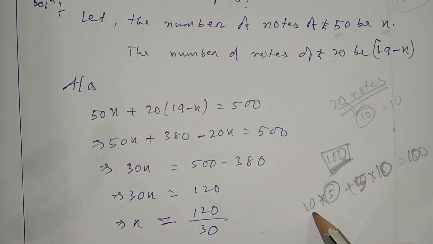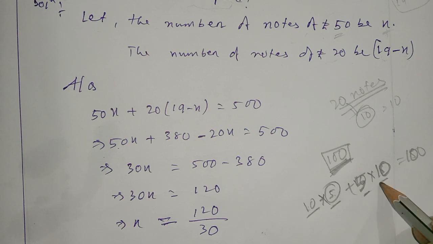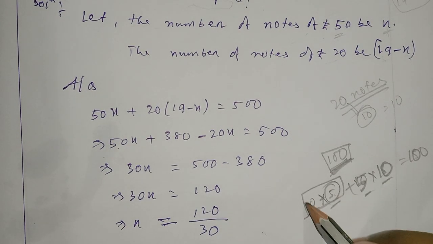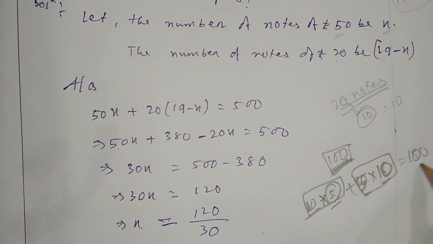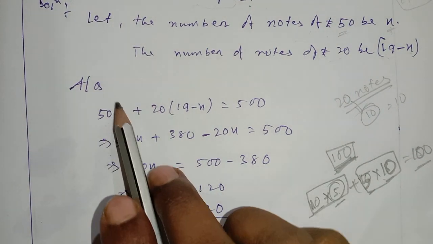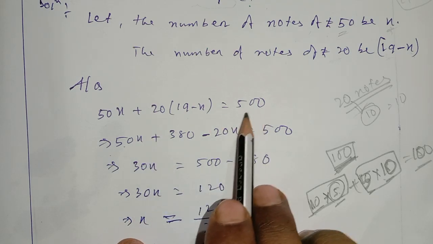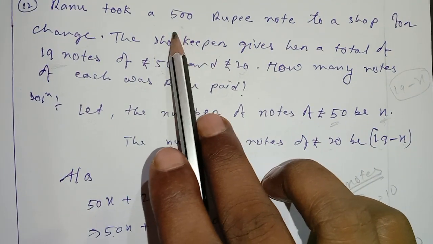So we multiply 10 into 5, because those are the 10 rupee notes, and multiply 5 rupees with 10, and adding both gives 100. Same condition here: multiply the 50 rupee notes and the 20 rupee notes with their counts and add, and you will get 500 rupees, because the total amount given here is 500 rupees only.